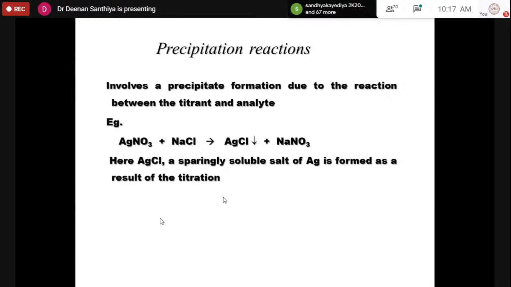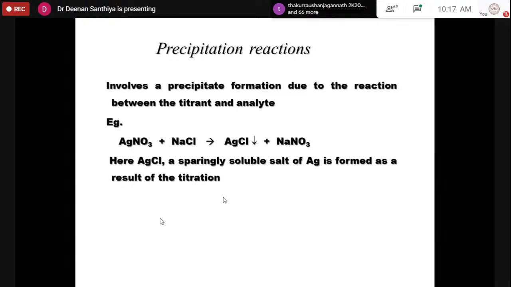And you should be able to store the primary standard substance for a long period. These are the main criteria. The substances which follow these criteria are called primary standard substances.